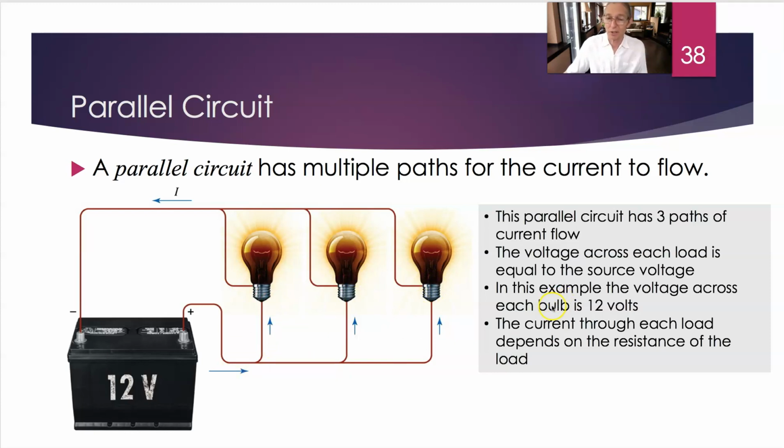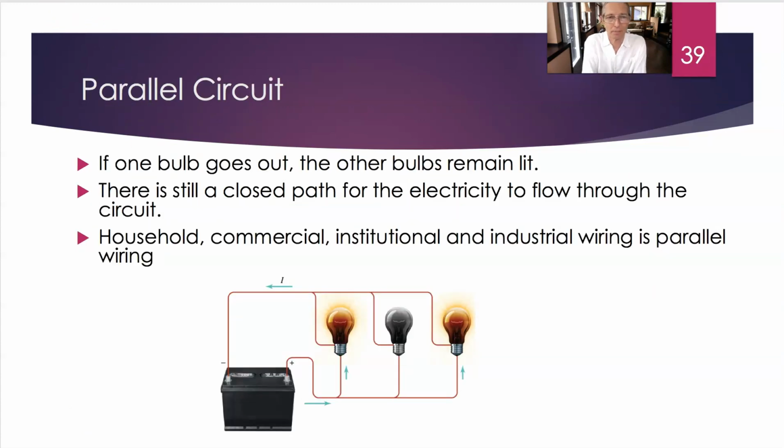So now what changes here is the current through each loop is different. It depends on the resistance in the loop, in this case the resistance of each of the bulbs or each of the loads. Now the great advantage of a parallel circuit over a series circuit is if one device goes out or there's a short circuit, it's only that loop that's affected, not the other loops.